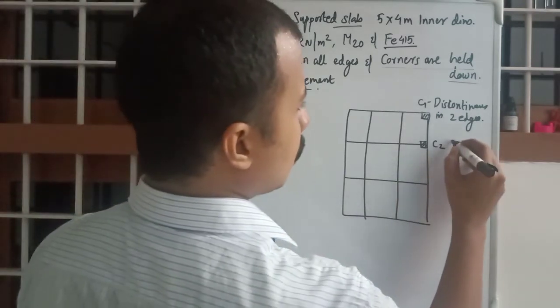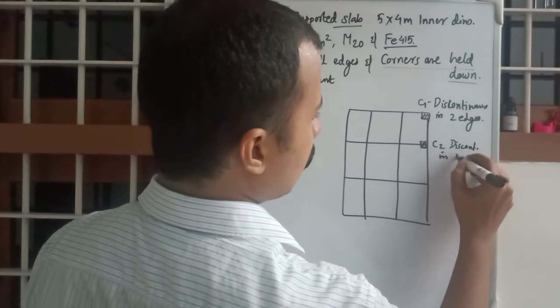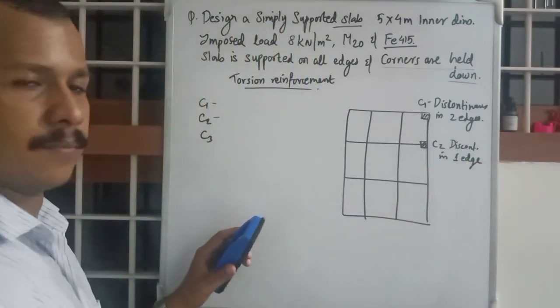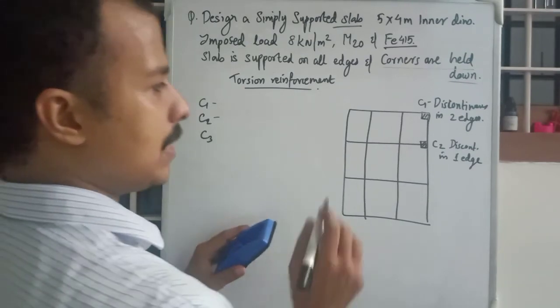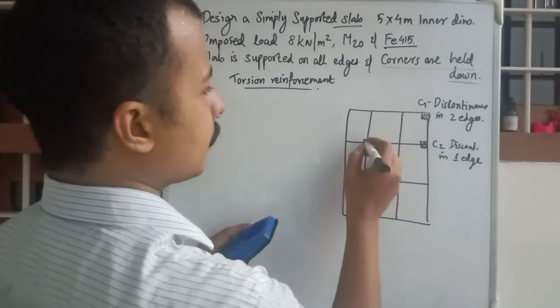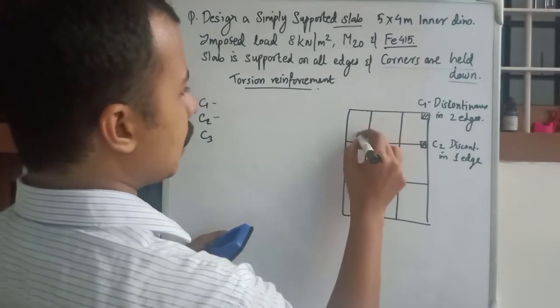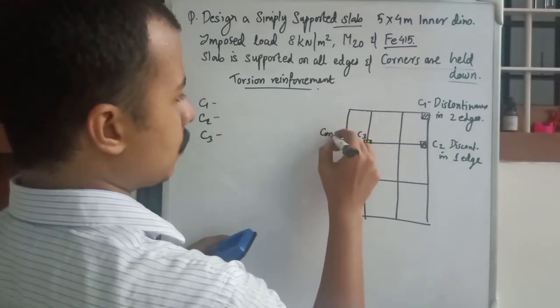C2 is discontinuous in 1 edge. The last one, C3, is continuous.